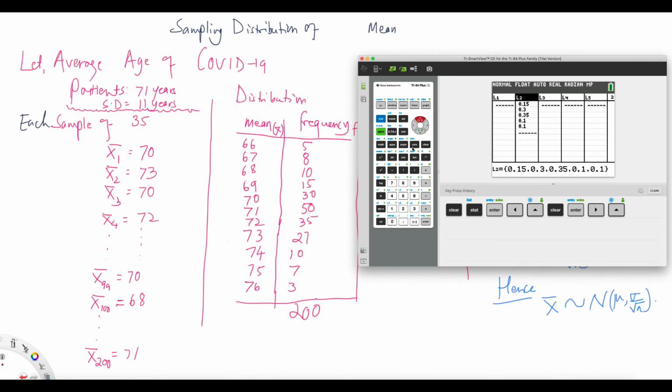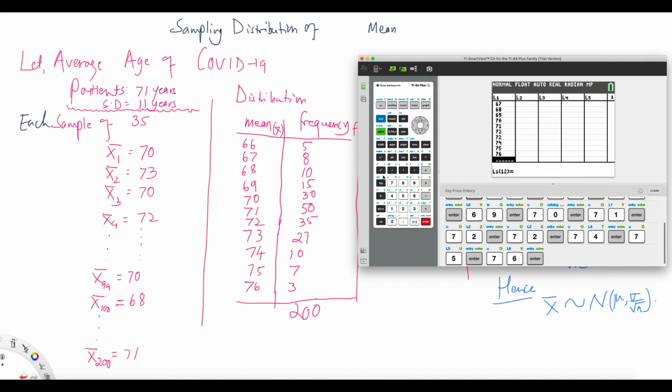Now enter 66, 67, and so on. Similarly, enter the frequencies in L2: 5, 8.